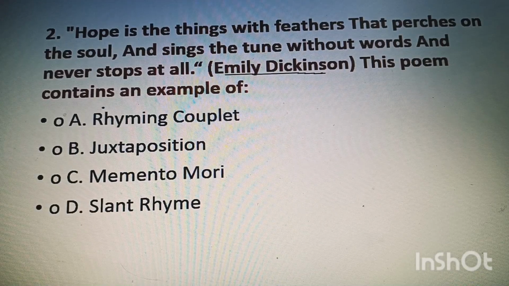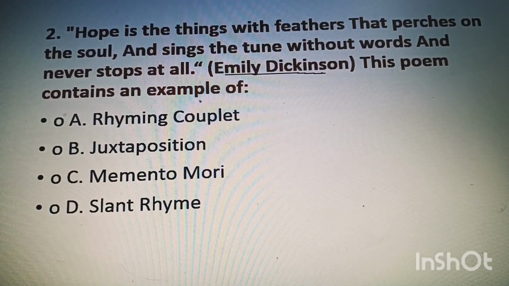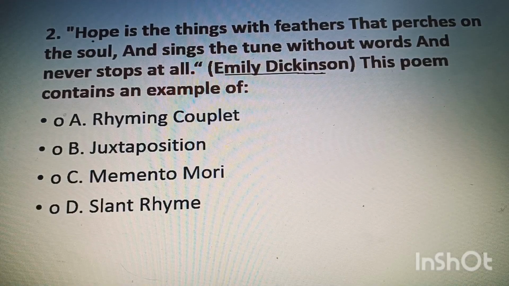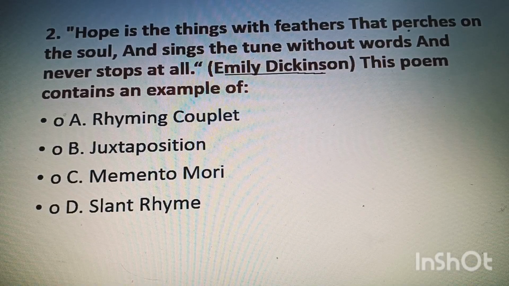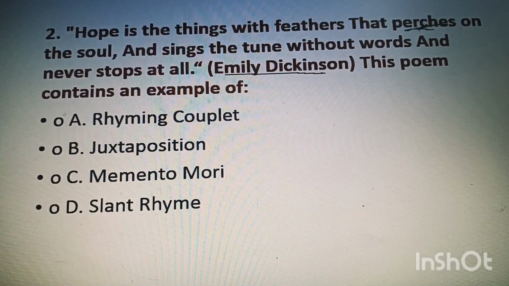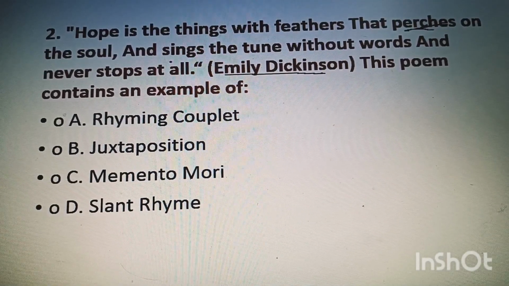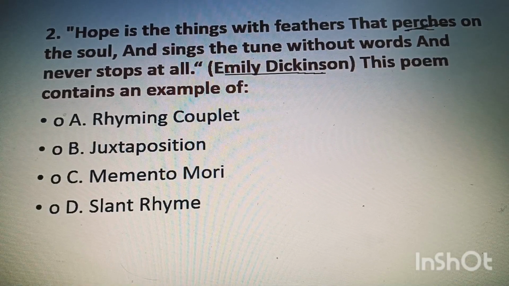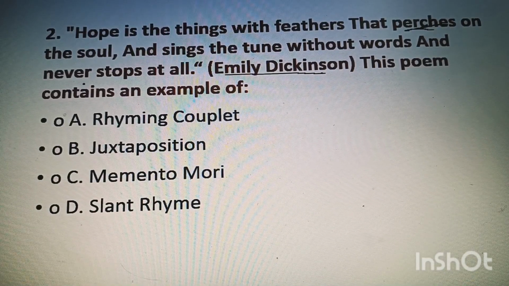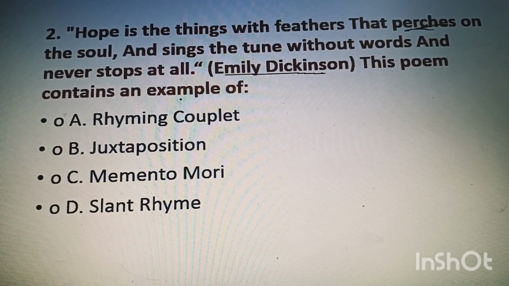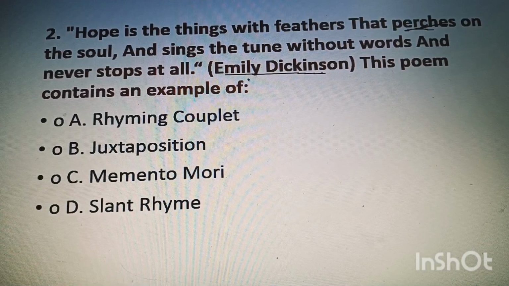This poem contains an example of... Hope is the thing with feathers that perches, means sits, on the soul and sings the tune without words and never stops at all. So these are lines from the poem of Emily Dickinson.